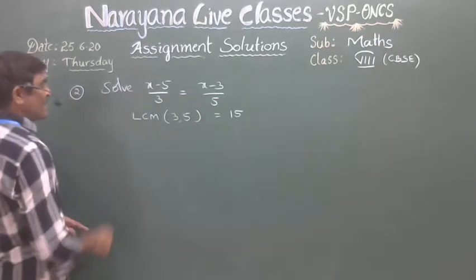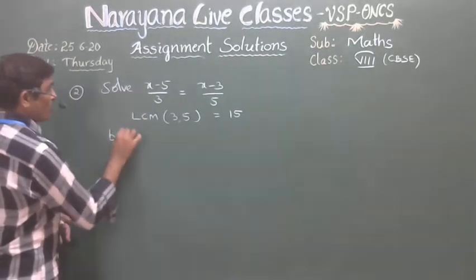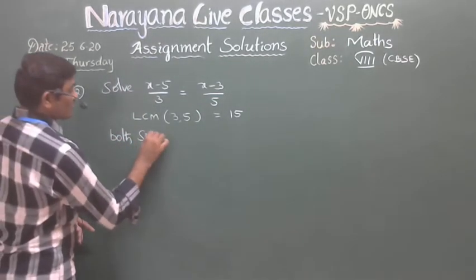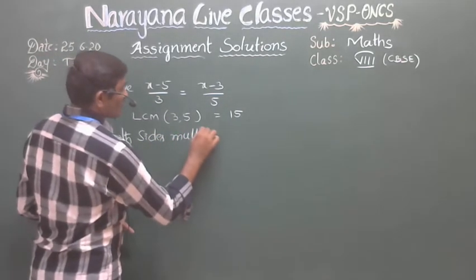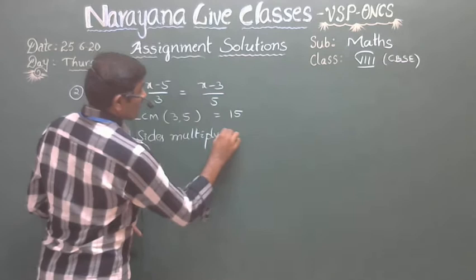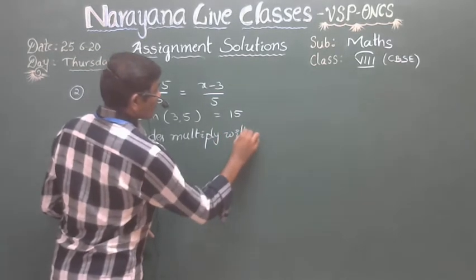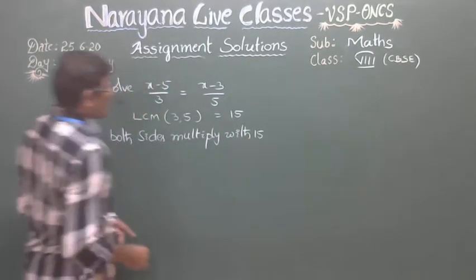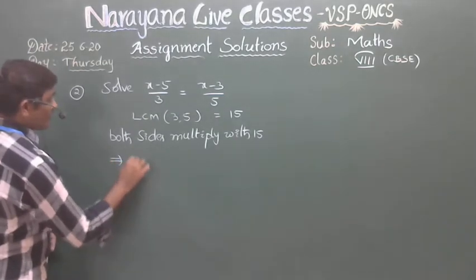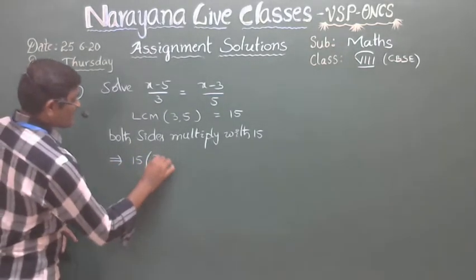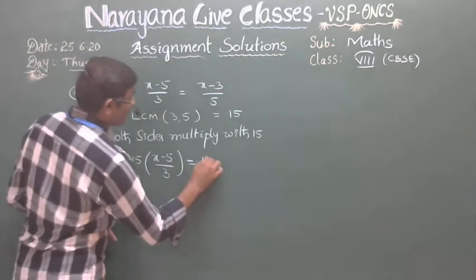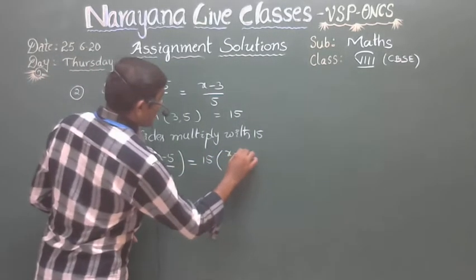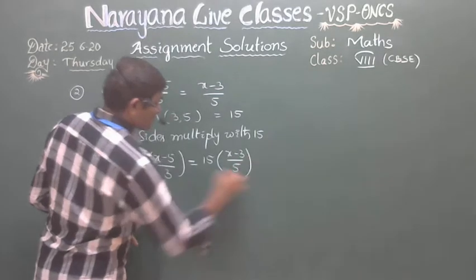Now both sides multiply with 15. Then what do we get? 15 into x minus 5 by 3 is equal to 15 into x minus 3 by 5.